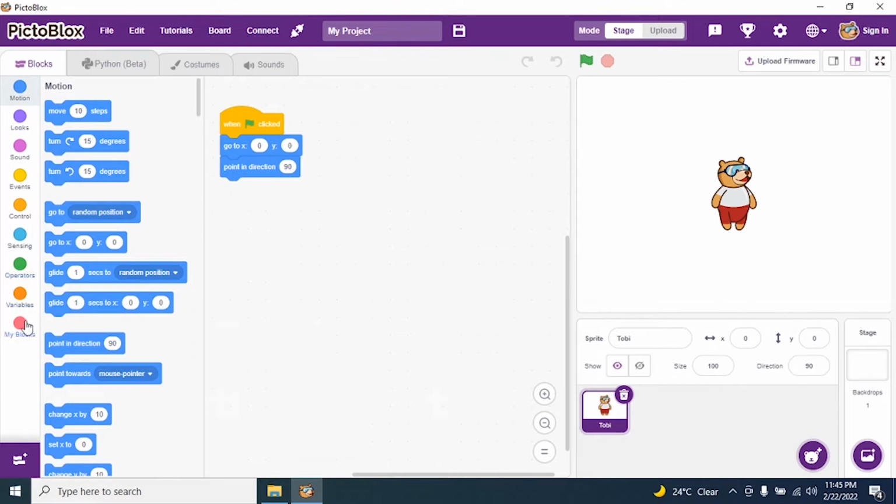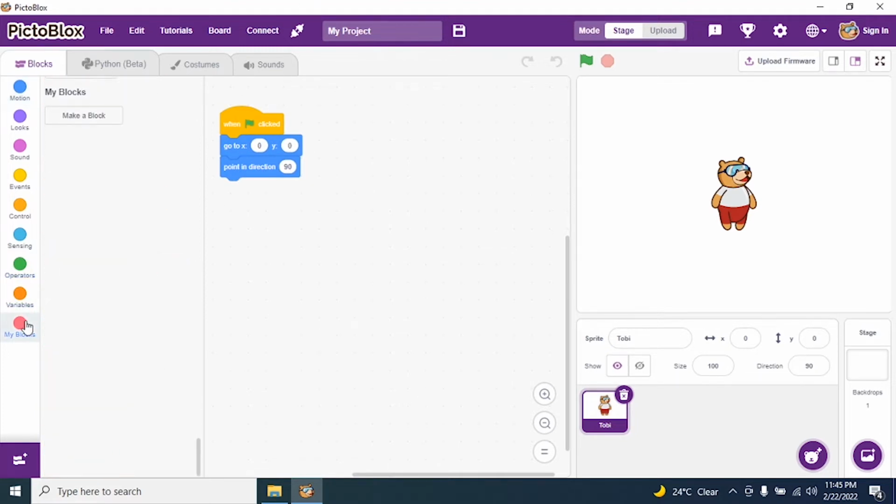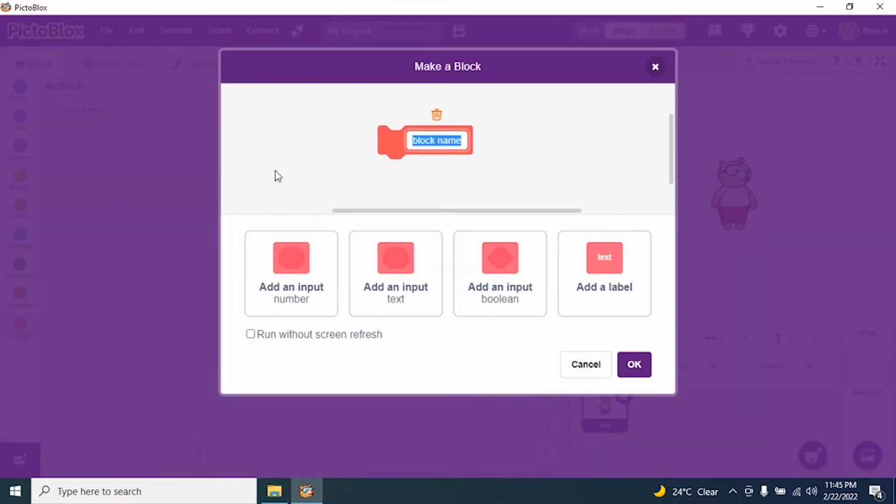Then I go to my blocks and I make a block. I name my block force, and I give an input, distance traveled.